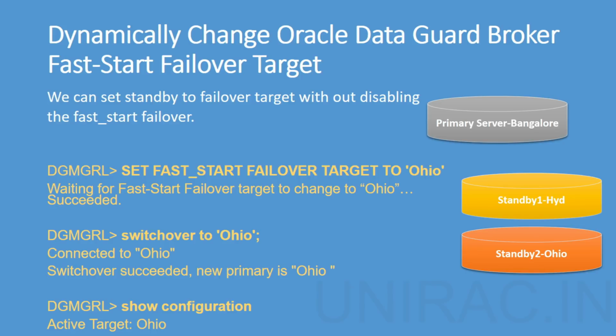From 19C we don't need to disable fast start failover. Using Data Guard Broker, the command line interface dgmgrl, we can set the fast start failover target to the target standby server. In our example, it's Ohio. Then you can switch the primary to the Ohio server.